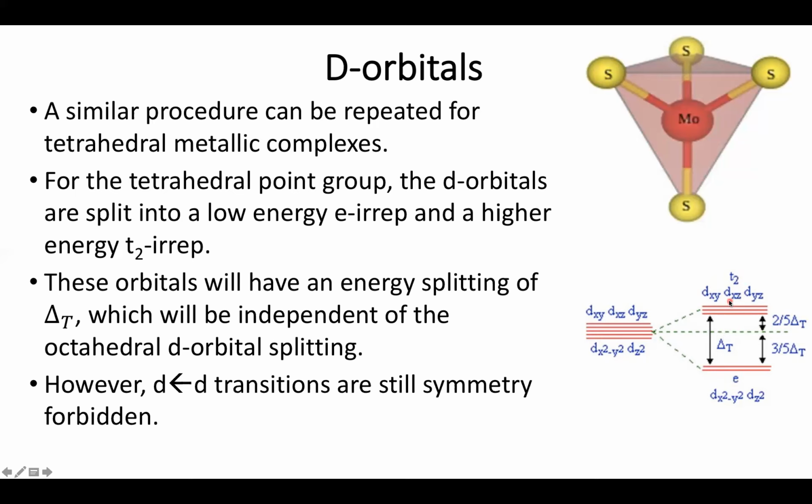So this d to d transition is still technically symmetry forbidden. However, that doesn't mean we don't see some small extent of d to d transitions, albeit with a much lower intensity.